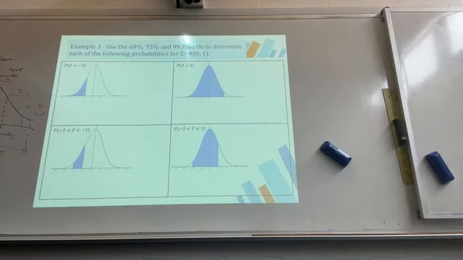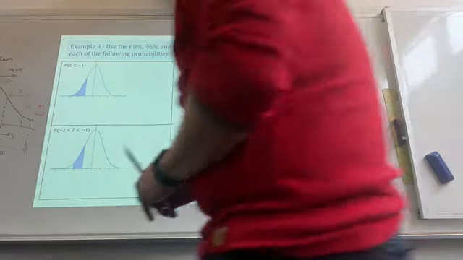Alright, so let's have a look at the first one. In example 3, you are given a standard normal distribution, with a mean of 0 and a standard deviation of 1. For the first one, how would you calculate if z is less than minus 1? You don't have to integrate.